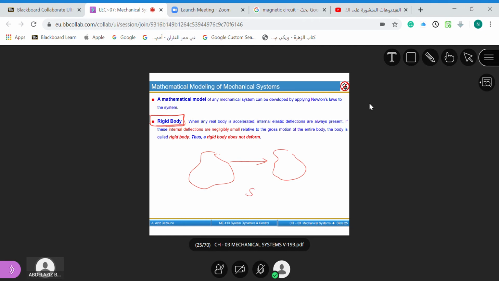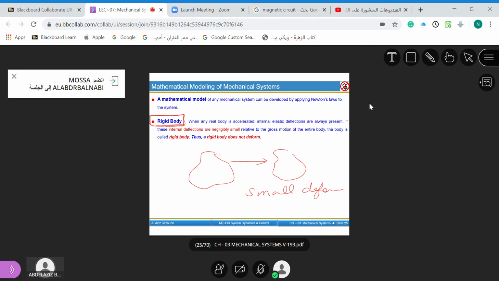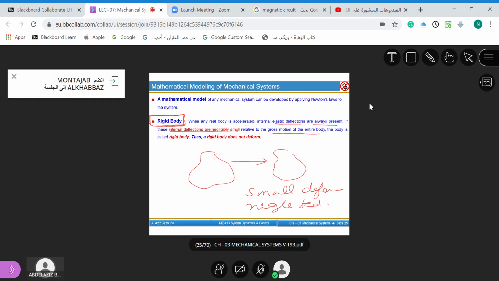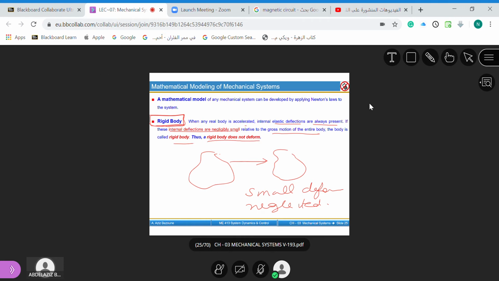Small deformations and internal deflections are negligibly small, so we can neglect them. When any real body is accelerated, internal elastic deflections are always present. If these internal deflections are negligibly small compared to the gross motion of the entire body, it is called a rigid body, and a rigid body does not deform. This is what we mean.